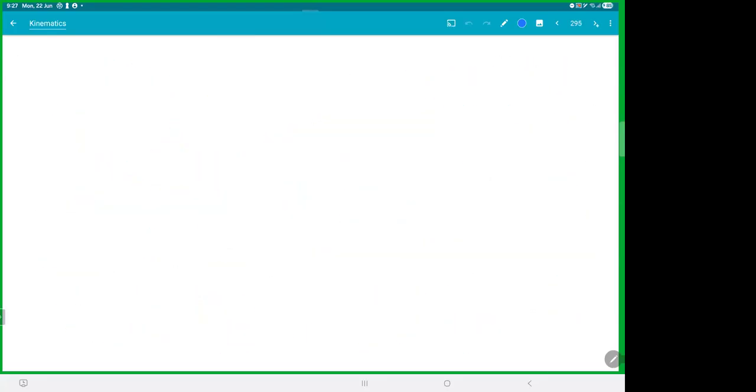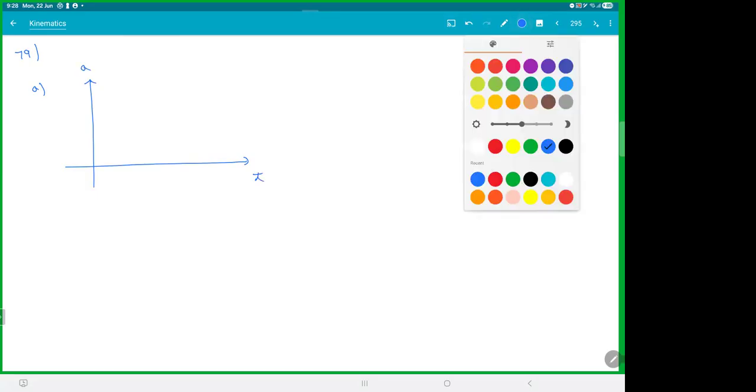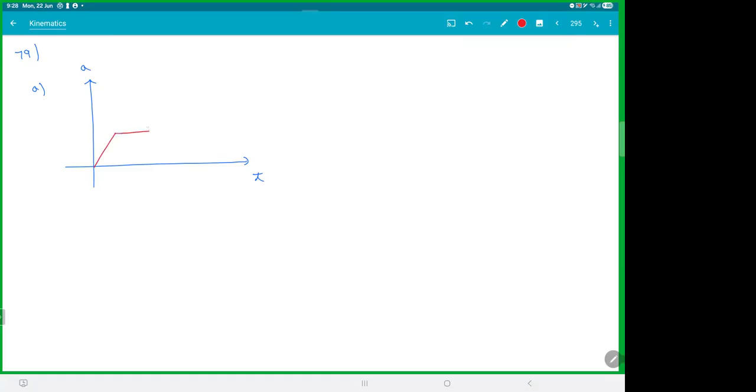So XT, VT, AT, AX, VX. That's an AT graph.